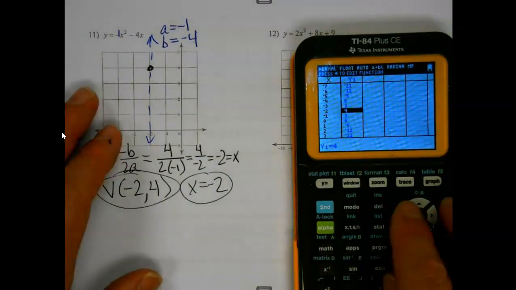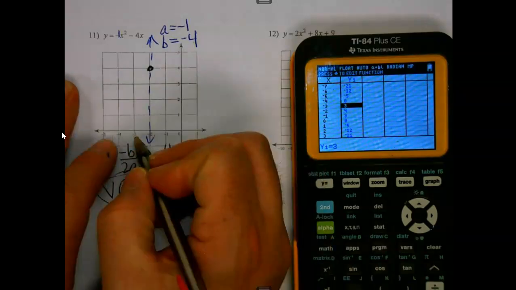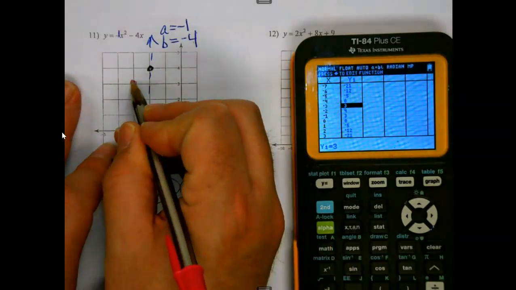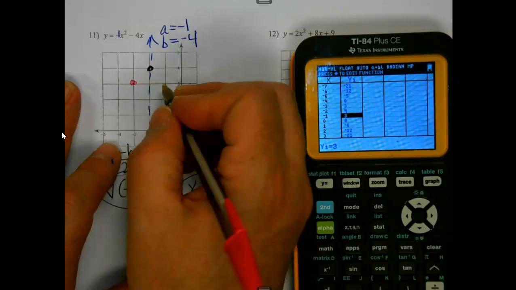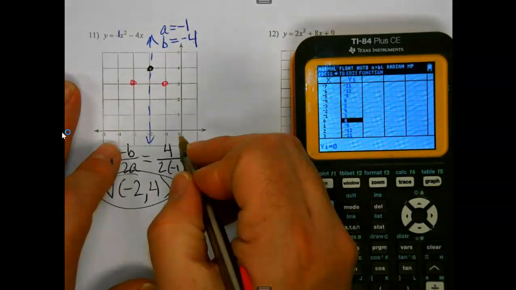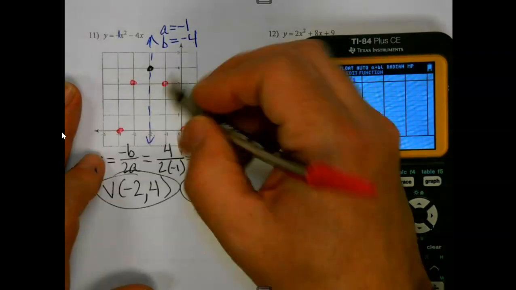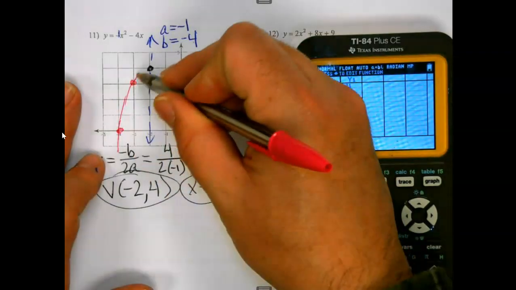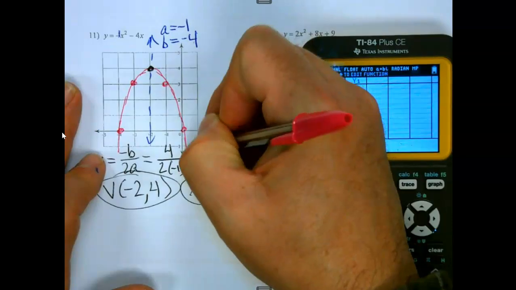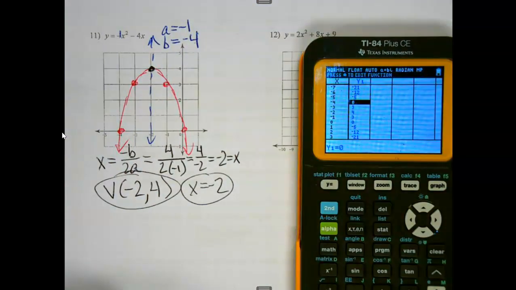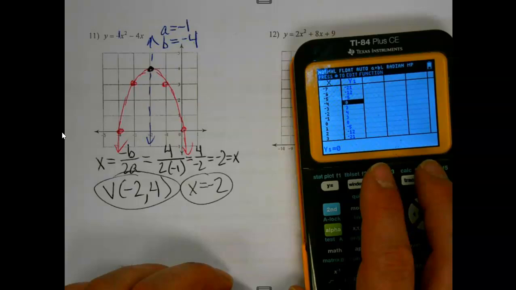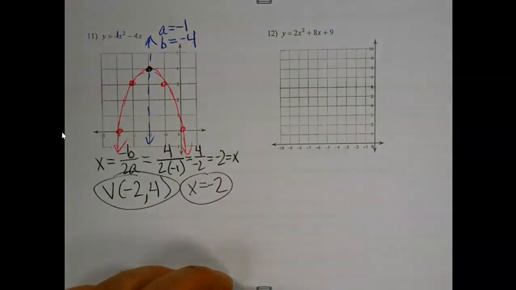And the chart's going to tell me everything else I need. So negative 3, 3, negative 1, 3, 0, 0, negative 4, 0. We've got what we're looking for. Get that set.